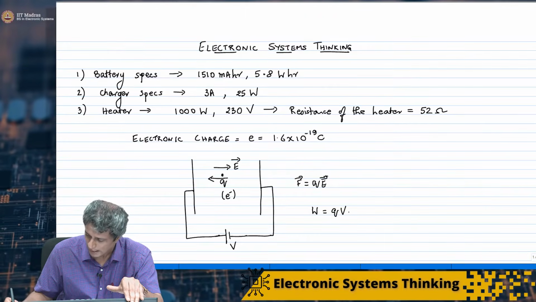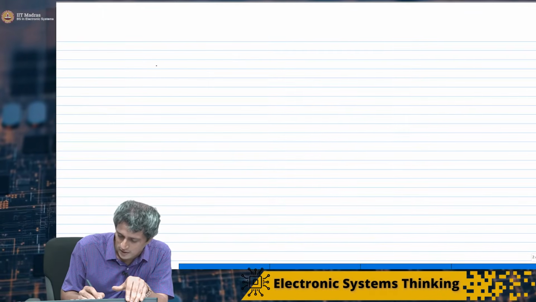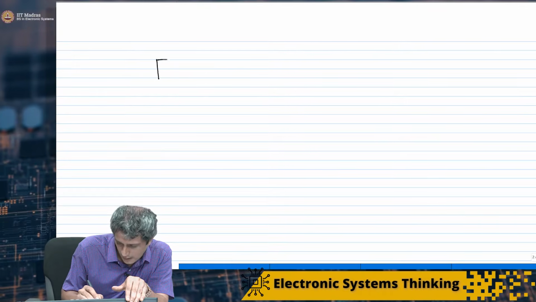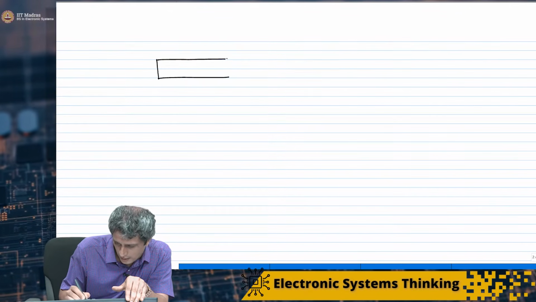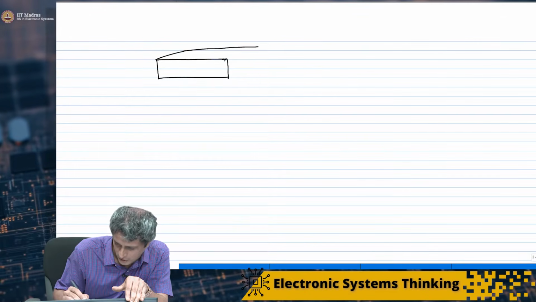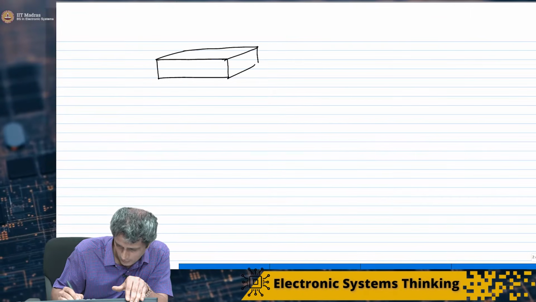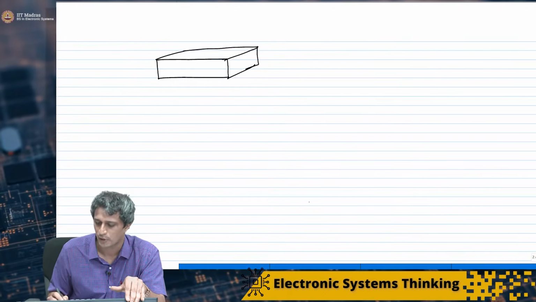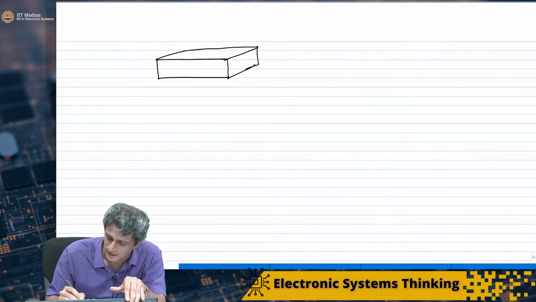Now consider a conductor like this, with a rectangular cross section. I am just going to consider some arbitrary volume.